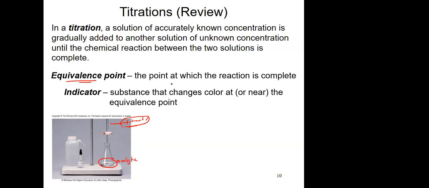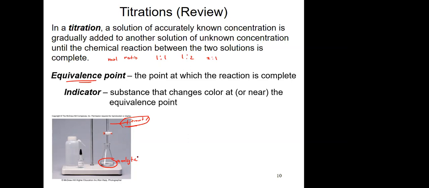The equivalence point is the point at which the reaction is complete. At the equivalence point, usually you can get the mole ratio. It can be a 1:1 mole ratio, 1:2 mole ratio, 2:1 mole ratio. What you will know is at the equivalence point, there's a relationship between the titrant and the analyte.